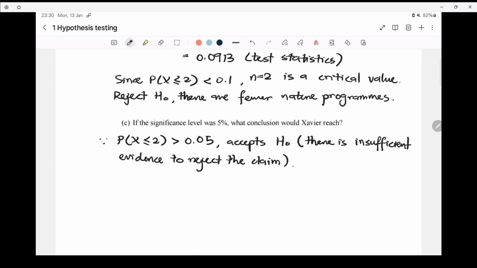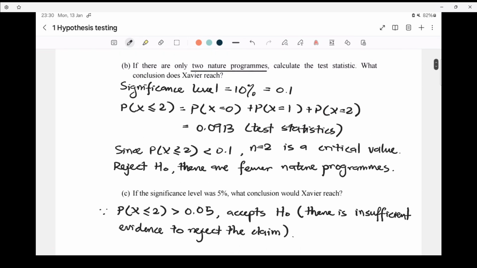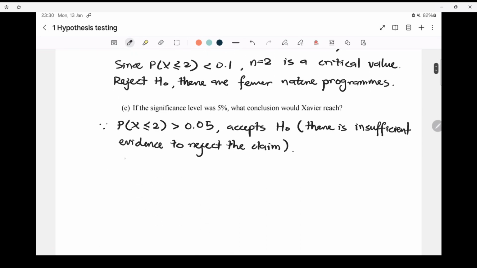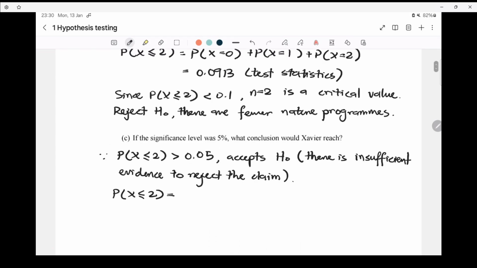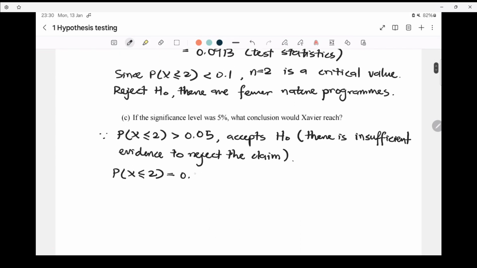So now, for example, if you want to find the critical values for the significance level, which is 5%, then you need to calculate each of these individual probabilities. P(X ≤ 2), we already know, is 0.0913. So let's look at this. This will be P(X = 0) plus P(X = 1).